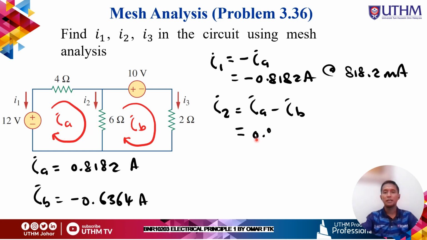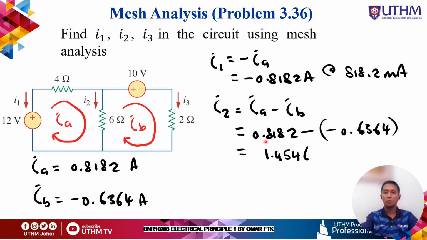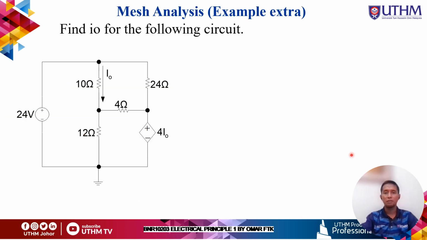So this one we get 0.8182 minus negative 0.6364, so this will be equal to 1.4546 ampere, okay, for the I2, while I3 is equal to IB. So the answer is negative 0.6364 ampere. So done with that one.